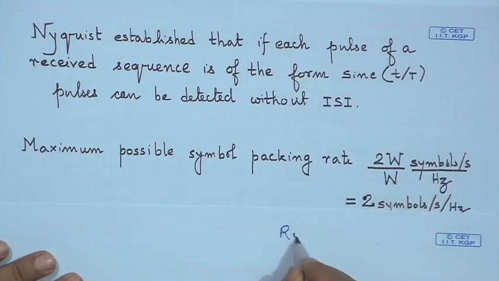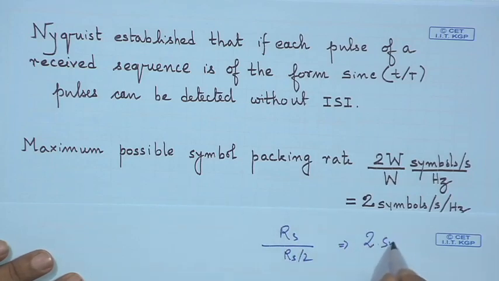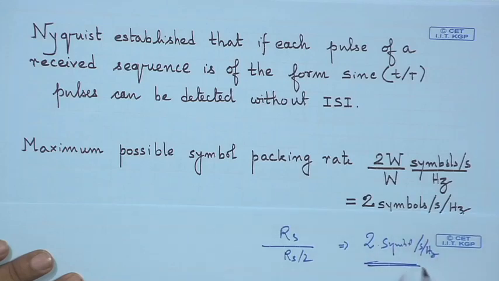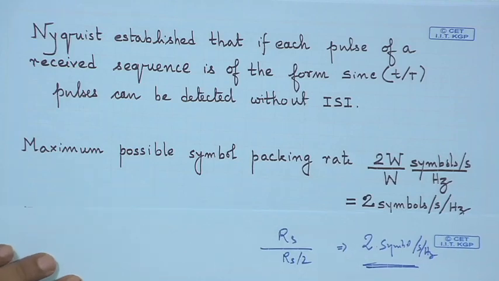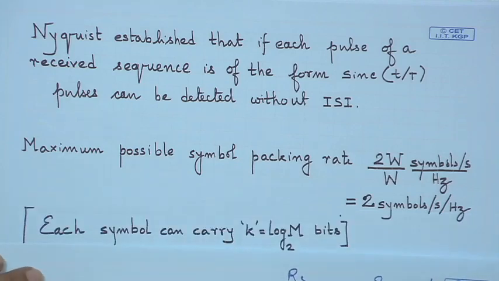Both would result in 2 symbols per second per hertz. So, this is some kind of a symbol efficiency, symbol spectral efficiency.